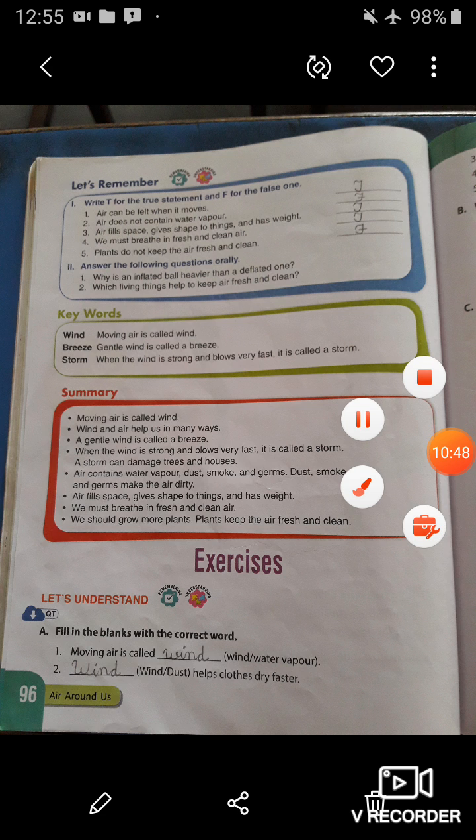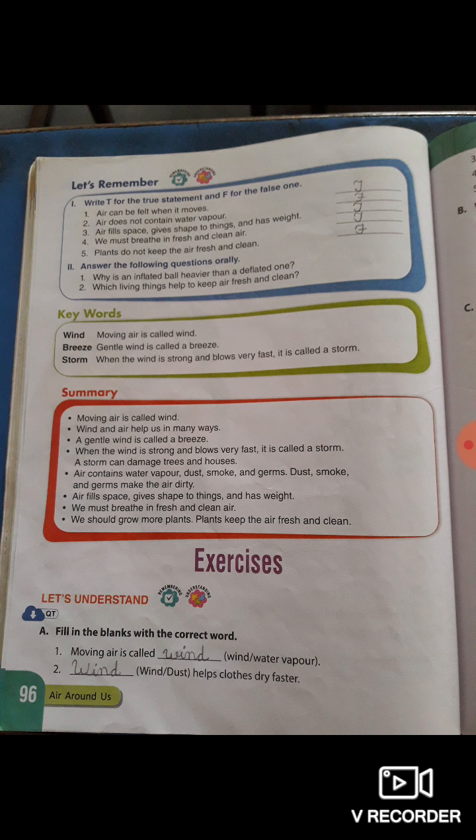Now let's come to the summary of this chapter. Moving air is called wind. Wind and air help us in many ways. A gentle wind is called a breeze. When the wind is strong and blows very fast, it is called a storm.